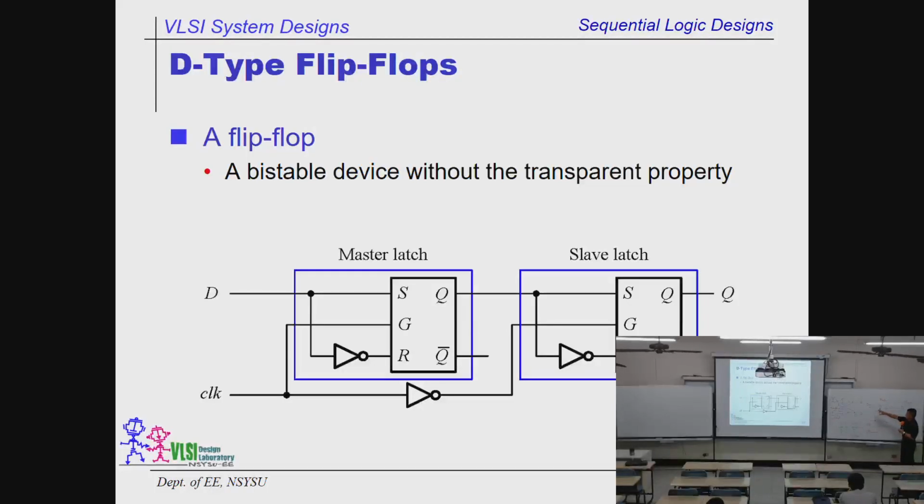So the new D, D new, is copied over here and stays there for a while. Then all of them wait for the change of the clock. Then in the falling edge, when clock goes low, this one will go high.